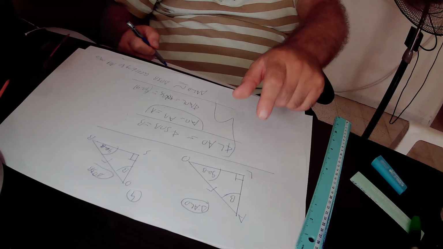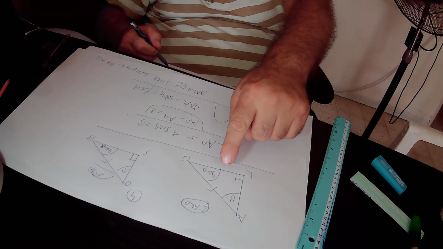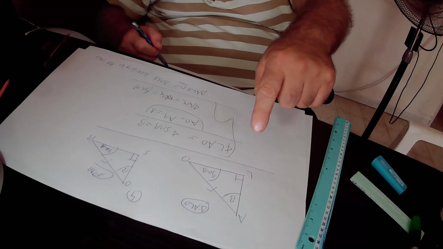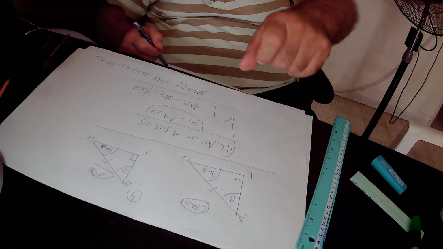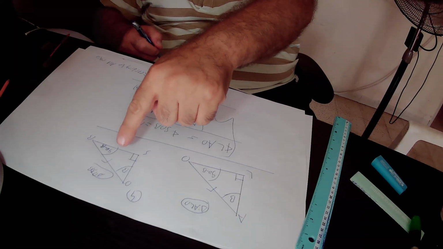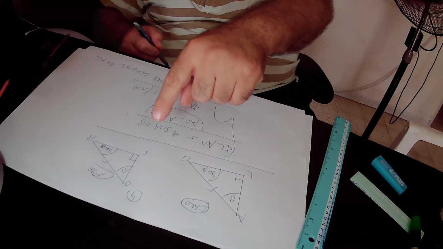Here, those two angles and the side that is included between them in the right triangle ALO are correspondingly equal to those two angles and the side that is included between them in the right triangle OSB.